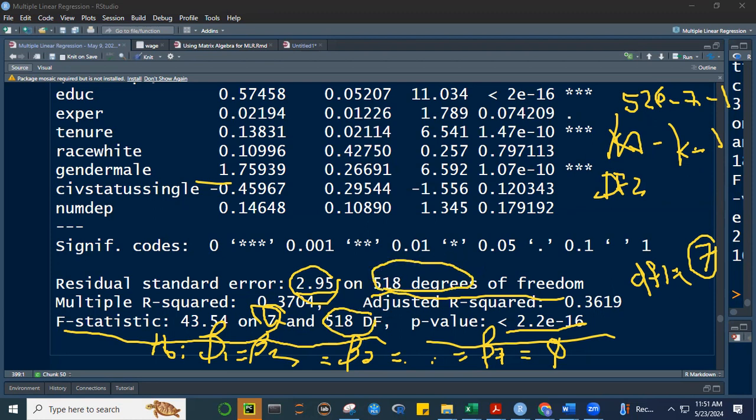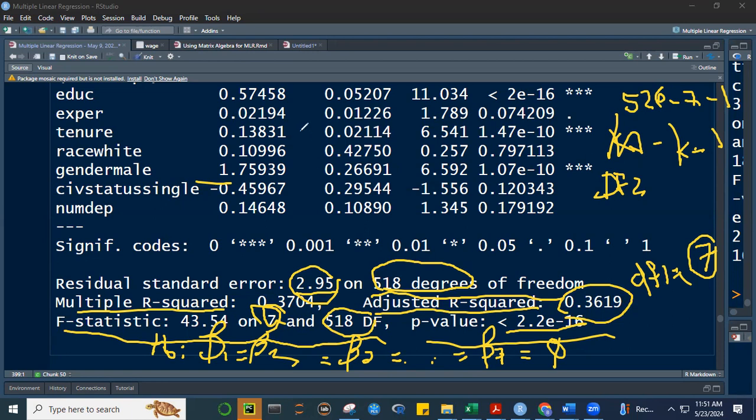Okay. All right. And then lastly, you have your adjusted R squared. We'll discuss what multiple R squared means and adjusted R squared. And you notice that it's 36.19%. What's the meaning of this?